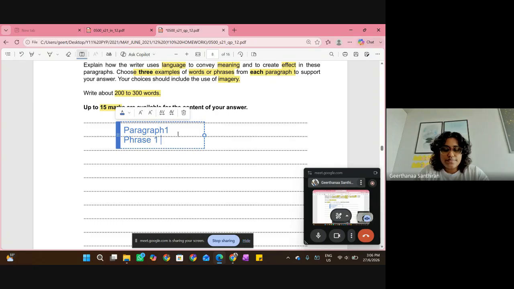So phrase 1, even then you get that 1 mark, but then you have to explain it. So you can call it explanation or development, right? So you have to explain why this is great. So even then, phrase, explanation, 2 marks. So you repeat this process 3 times.